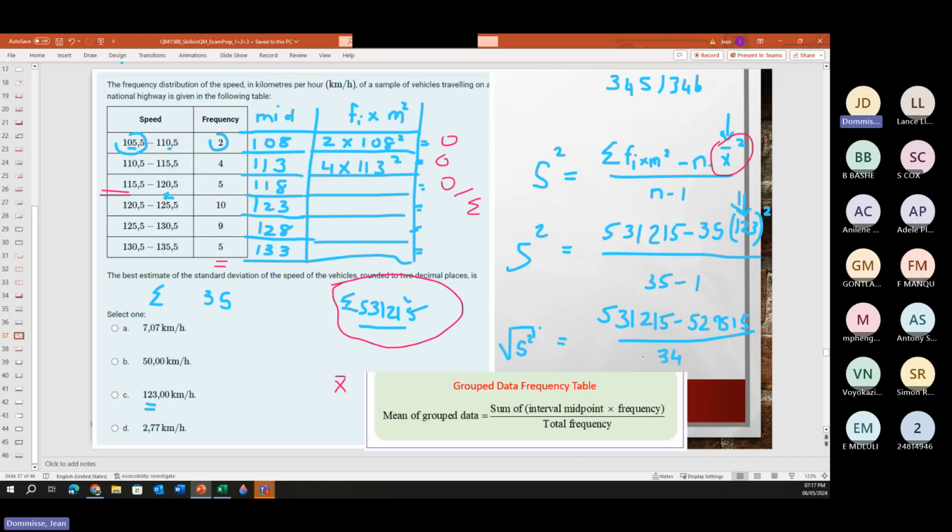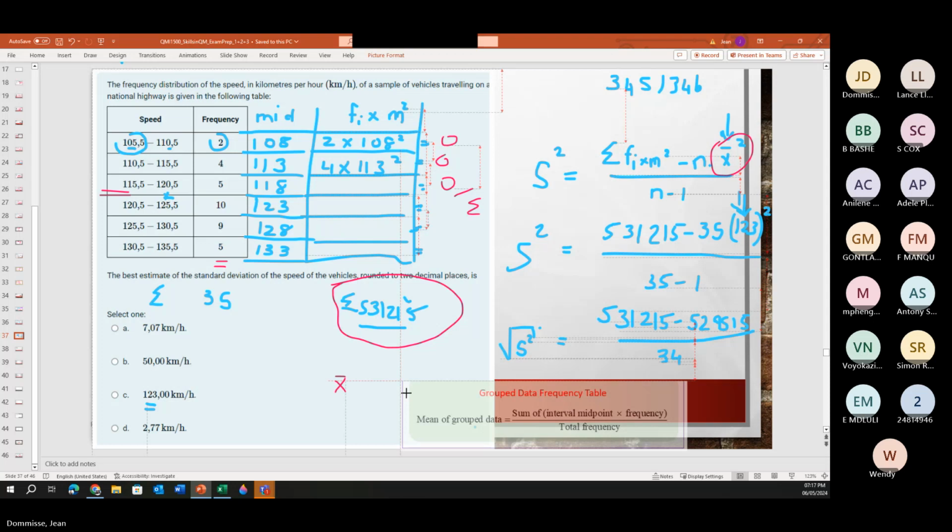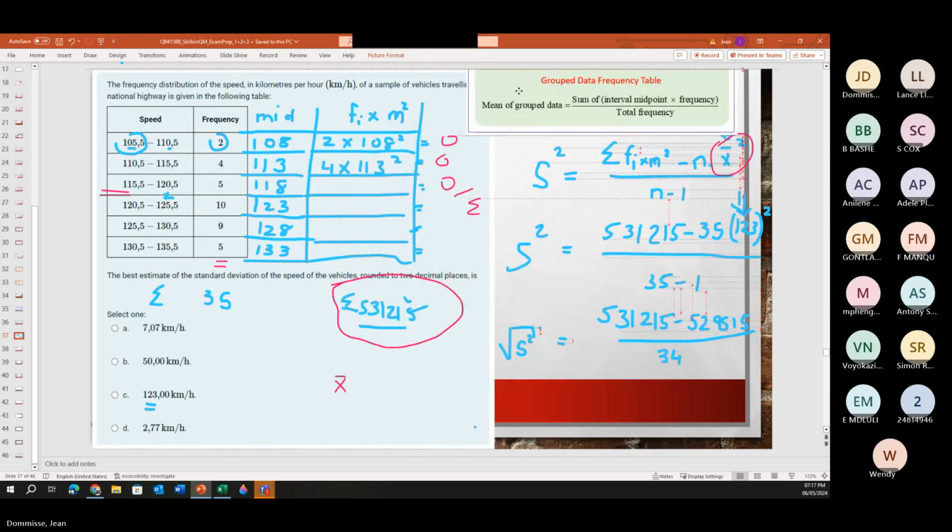So 531215 minus 529515 is equal to 1700. Okay, 1700 divided by 34 is 50.